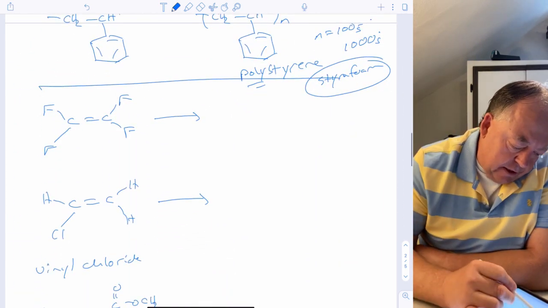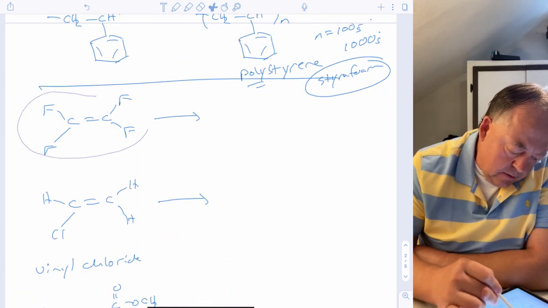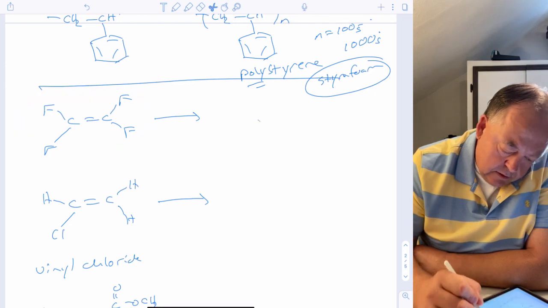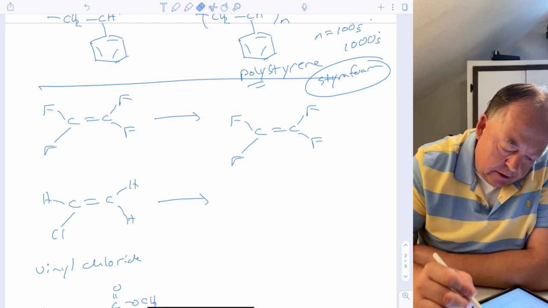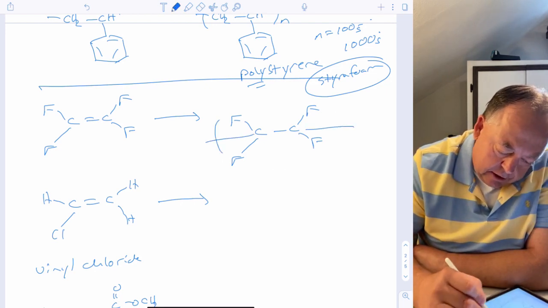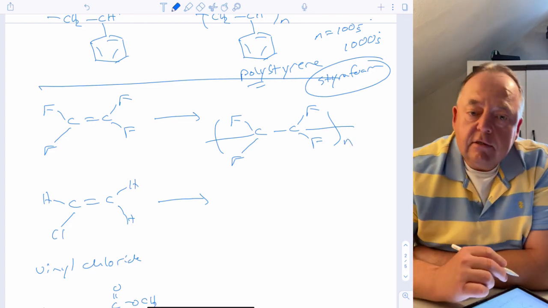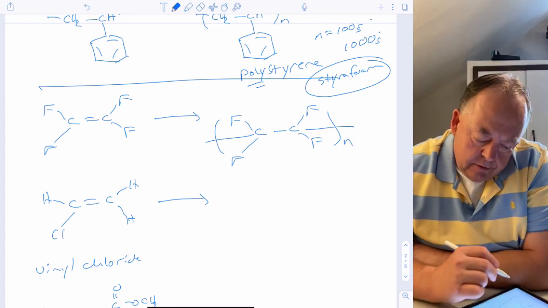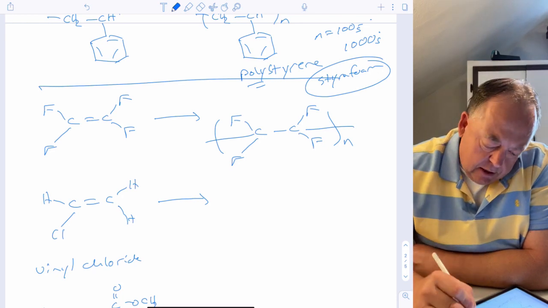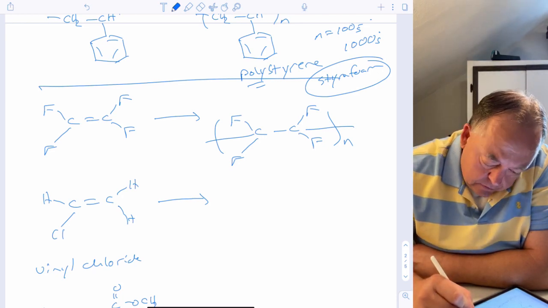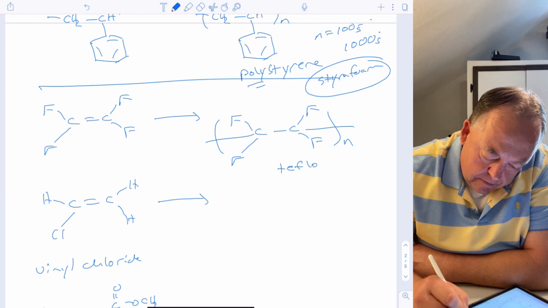So if we did the same thing here, if we took this alkene, what's going to happen in the reaction is we're going to get rid of the double bond, and then these carbons are going to just start repeating themselves, and that would be the polymer. So this polymer, where you have CF2 units repeating, is what's called Teflon.